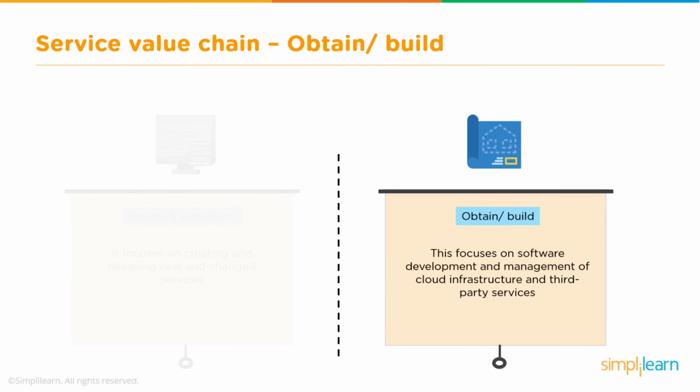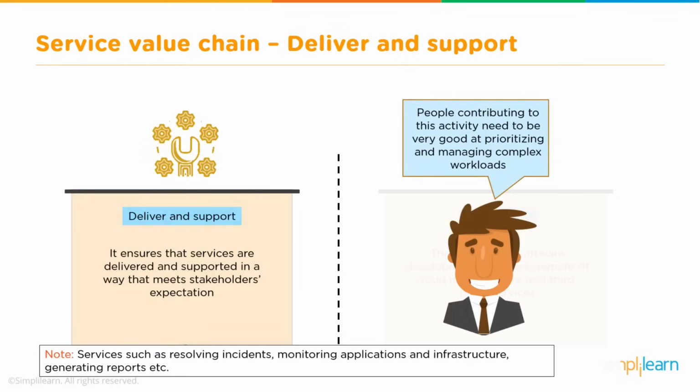You obtain and build. Then further you deliver and support. This requires ensuring that services are delivered and supported in a way that meets stakeholders' expectations. As you engage on a continual basis, there is collaboration going on throughout. And also progress iteratively with feedback, you need to take that approach so that you will have feedback. By doing this, you are demonstrating all the 7 principles.